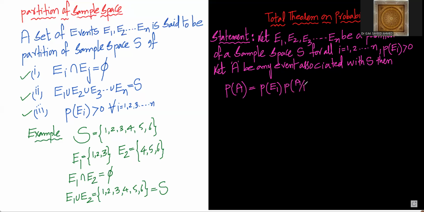A given E1 is nothing but conditional probability, which you remember from previously. Plus probability of E2 into probability of A given E2, plus and so on, plus probability of En into probability of A given En.